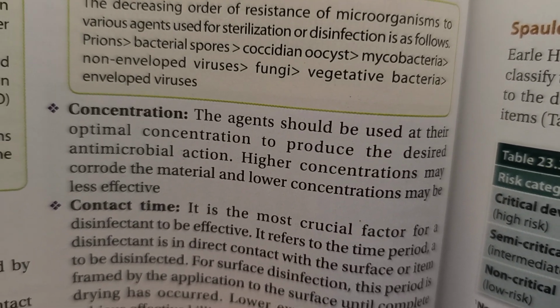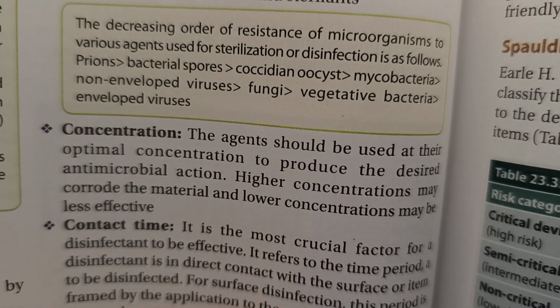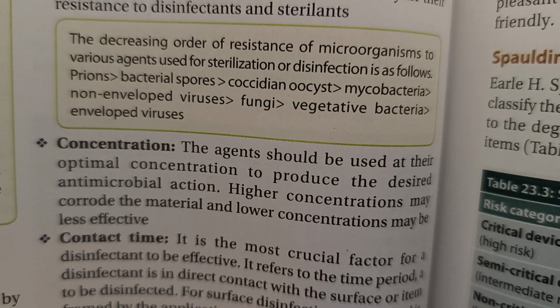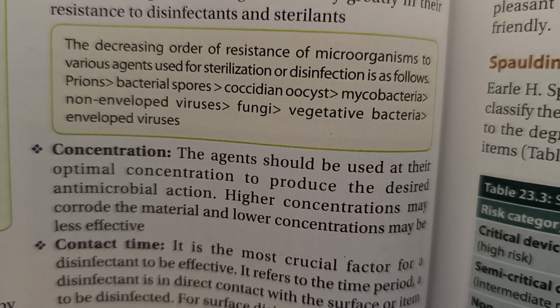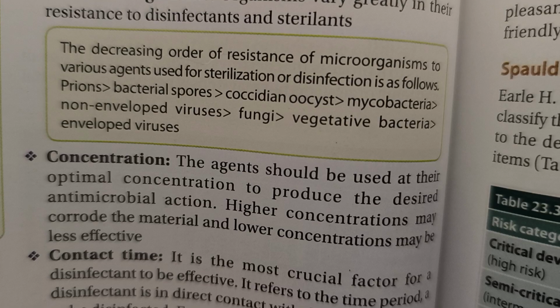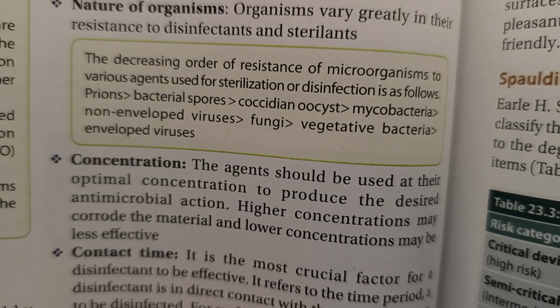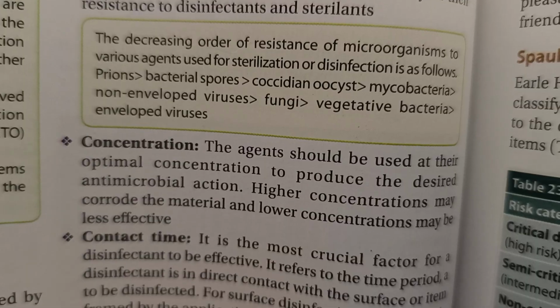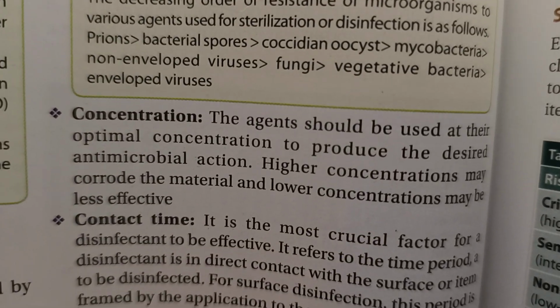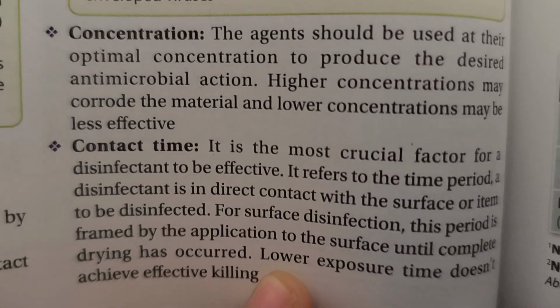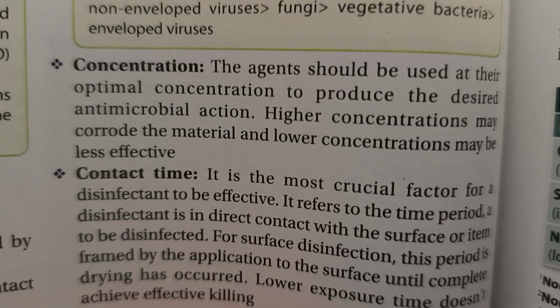Prions have the greatest tendency to cause resistance to disinfectant, then bacterial spores, then coccidian oocysts, then mycobacteria, then non-enveloped viruses, then fungi, vegetative bacteria and enveloped viruses.